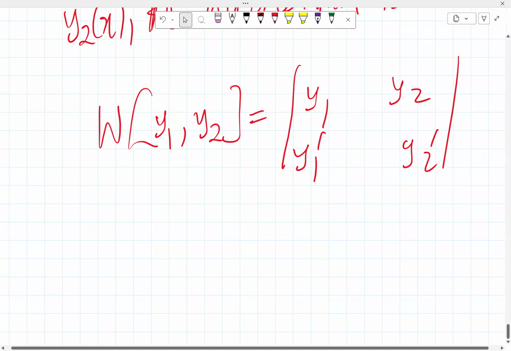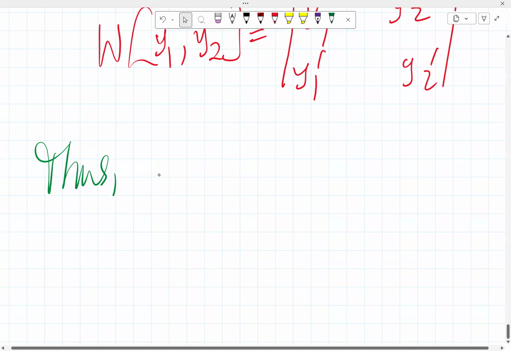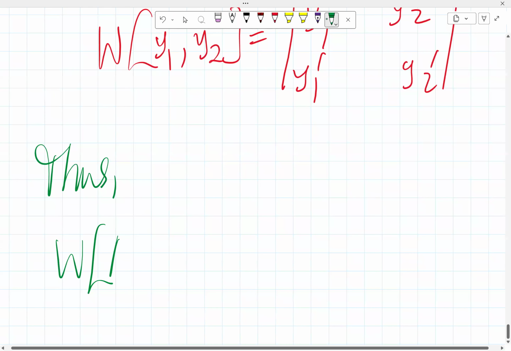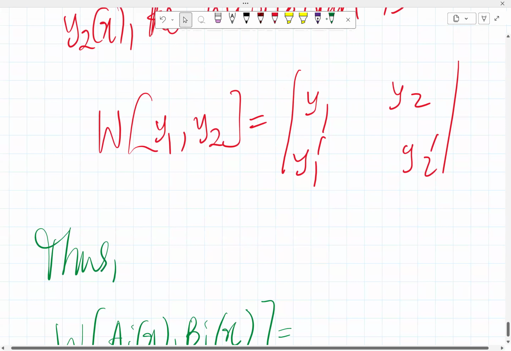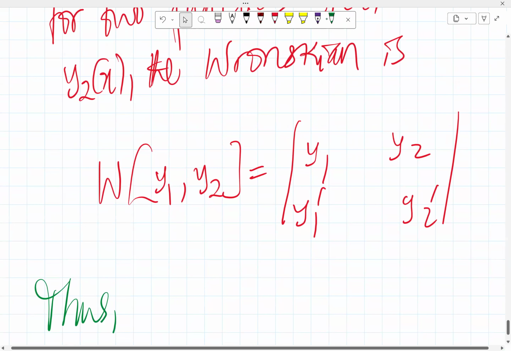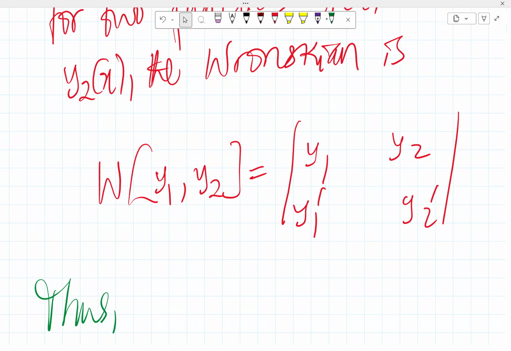Thus W of Ai of x, Bi of x is equal to, taking the determinant of this, y1 y2 prime minus y2 y1 prime.